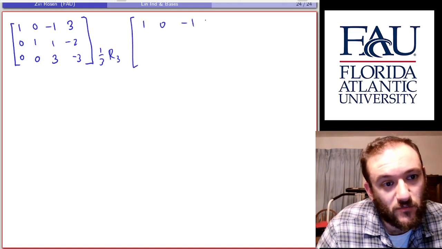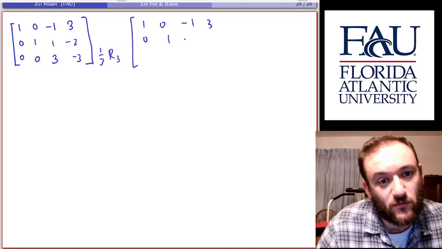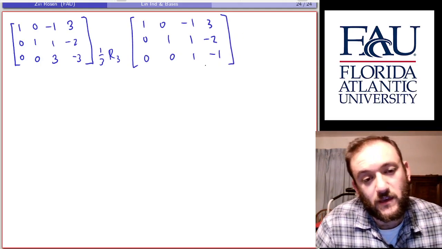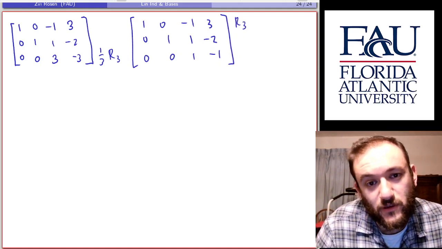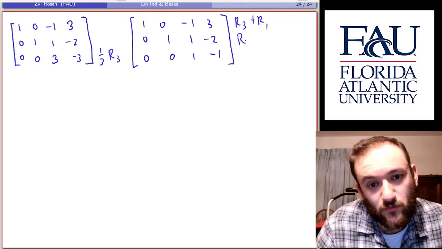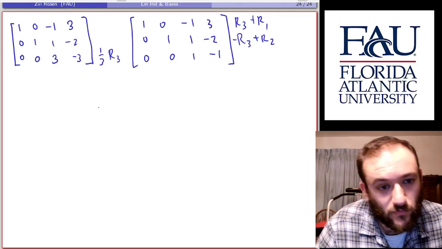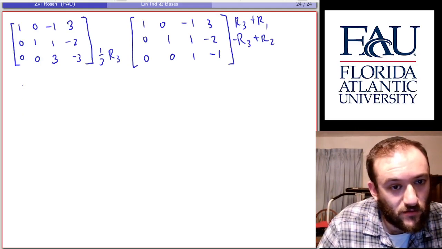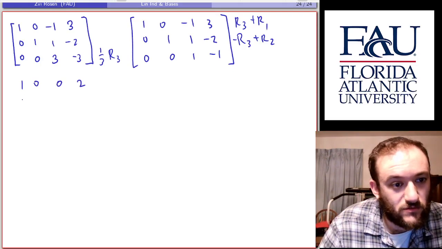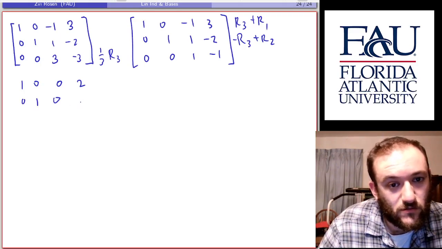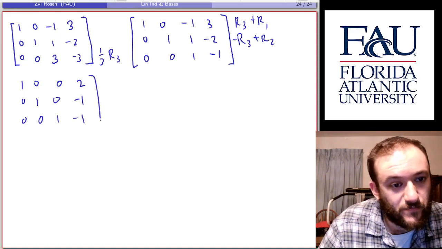And we get 1, 0, -1, 3; 0, 1, 1, -2; 0, 0, 1, -1. Next up we can add row 3 to row 1, and minus row 3 to row 2, and we obtain 1, 0, 0, 2; 0, 1, 0, -1; 0, 0, 1, -1.